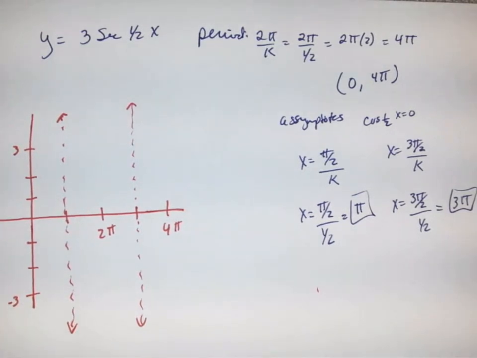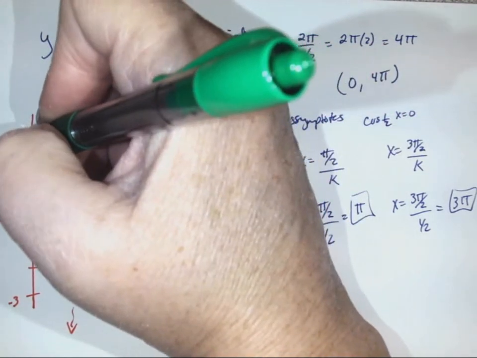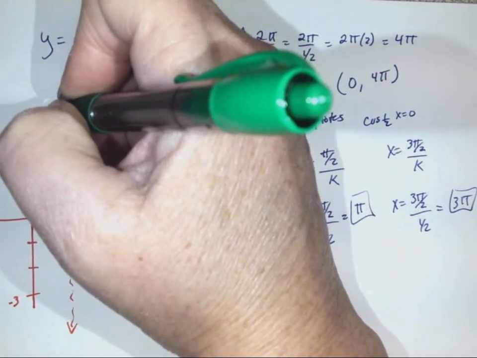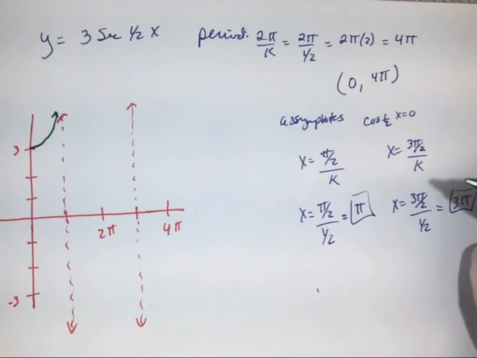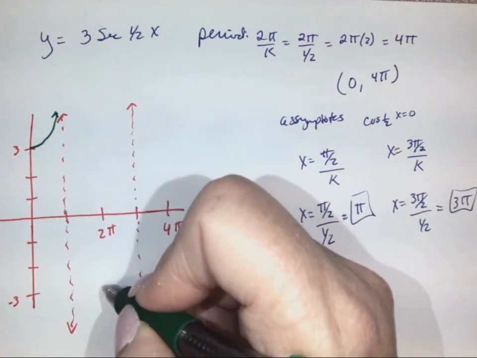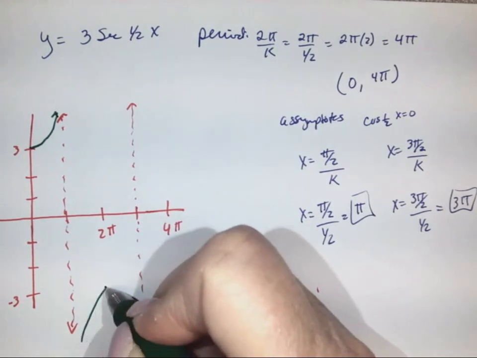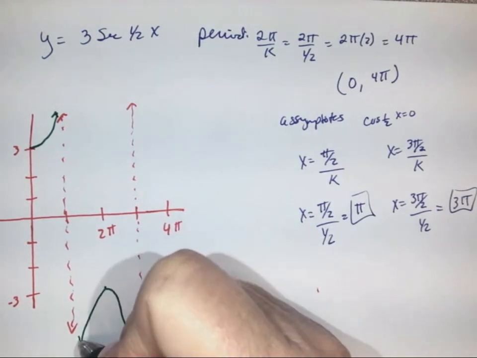All right, so for this graph, we are going to come in from this point and go up this way. And then this part of the graph will come in at this point and come up and do this.